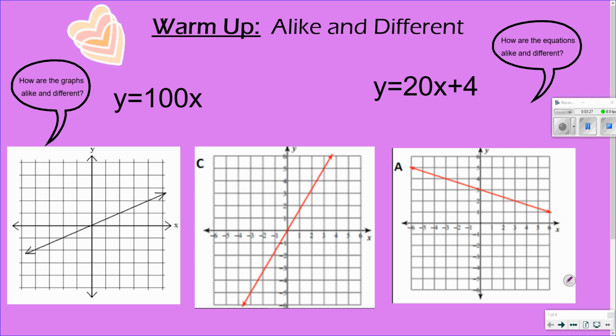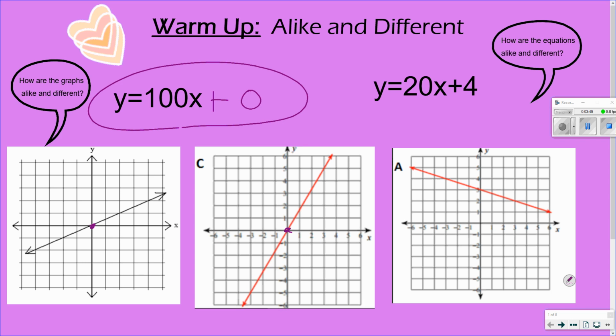What else? There's something I'm looking for. Nobody's saying it yet. The first two pass through the origin. That's what I was looking for. This one and this one go through the origin. What about this one up here? Which one of those would go through the origin? The first one. How do you know? No +4, because it would be +0, okay?